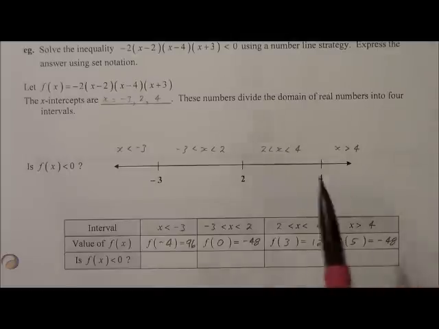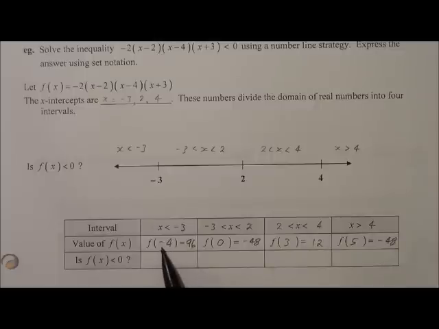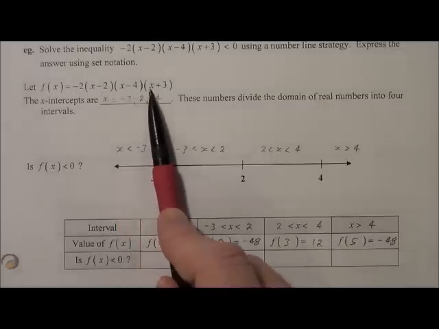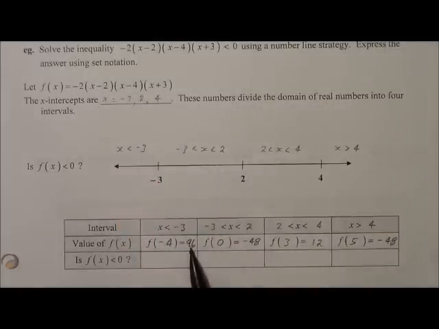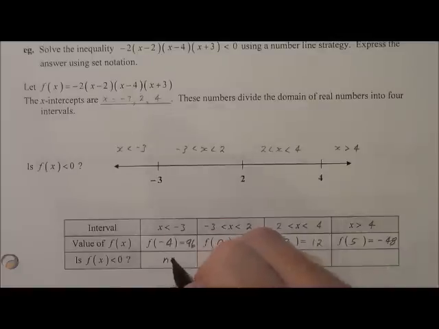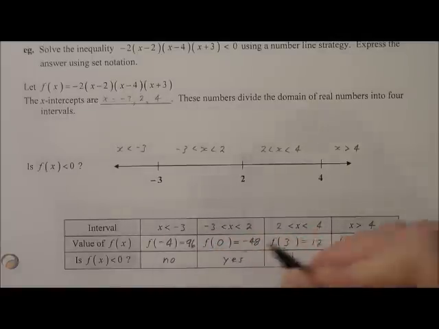Okay? So I hope you saw that I chose these values, subbed them into x in the function, and calculated what values would result then. And now I wonder, are these things less than 0? So here, no, yes, no, and yes.